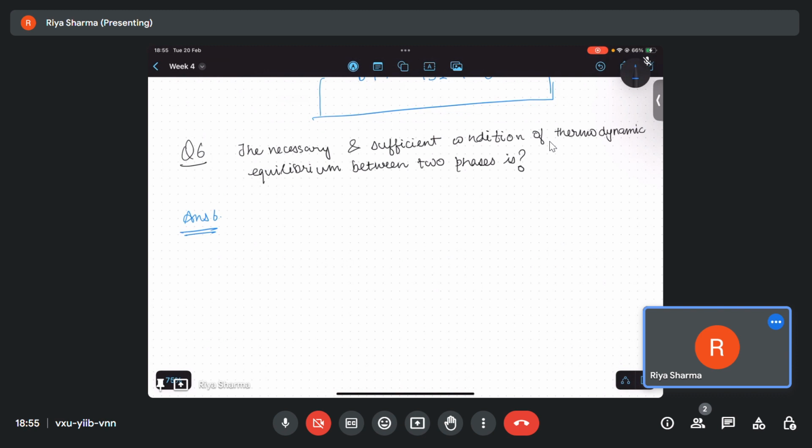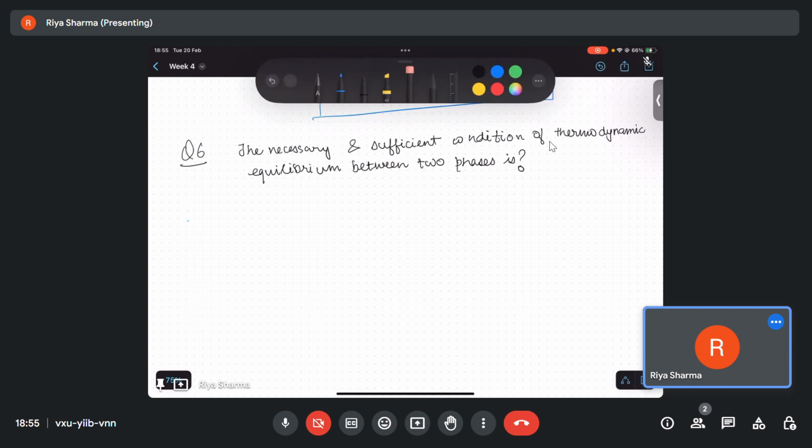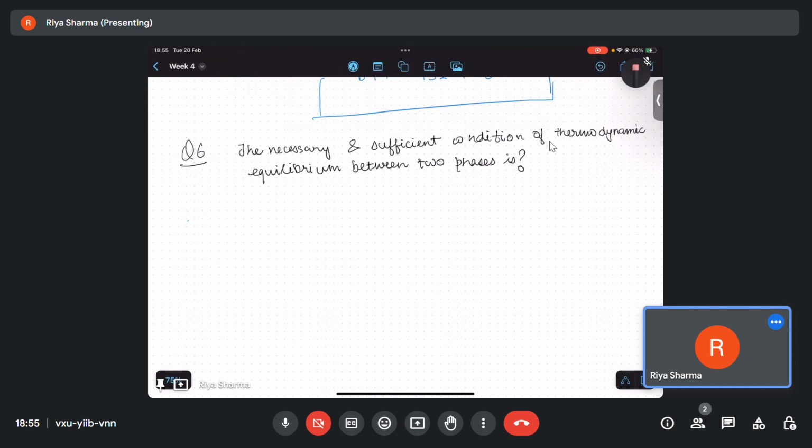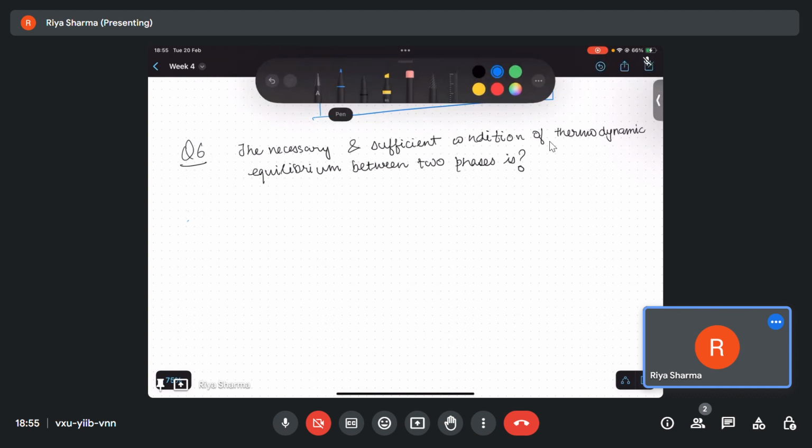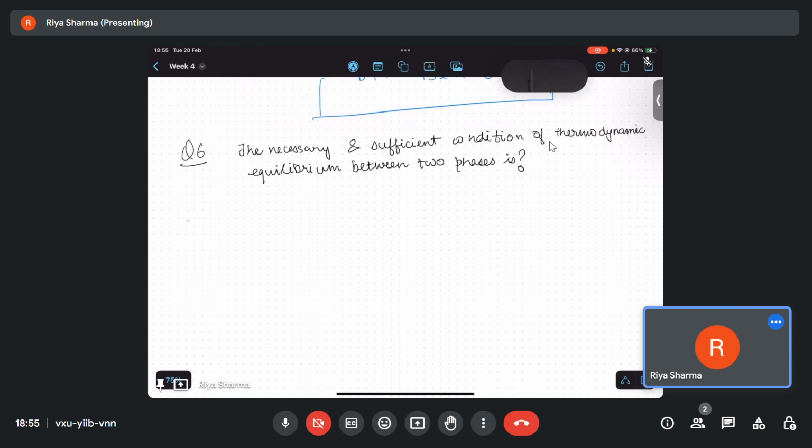Is it the concentration gradient should be 0?